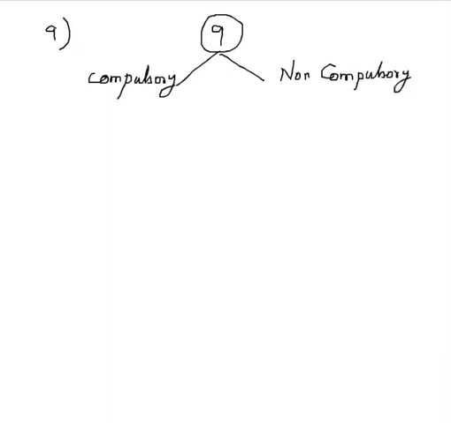And we have 2 compulsory courses, 9 minus 2, 7 non-compulsory courses. Totally 5 courses the student has to select. 2 are compulsory. So 5 minus 2, 3 remaining courses the student has to select from the non-compulsory group.